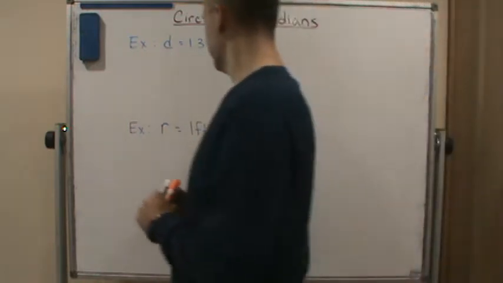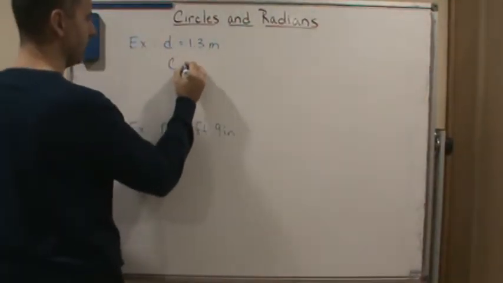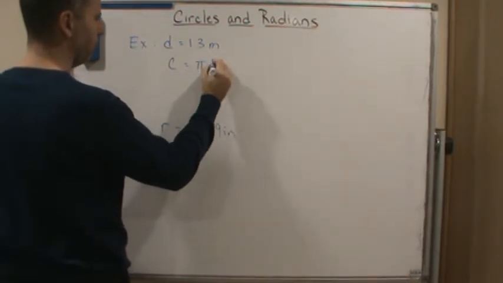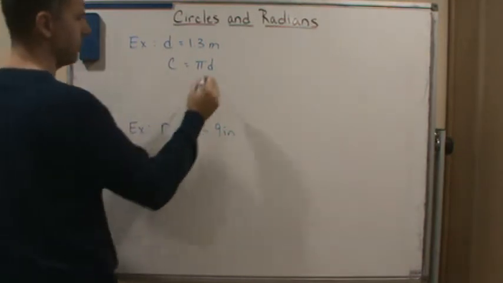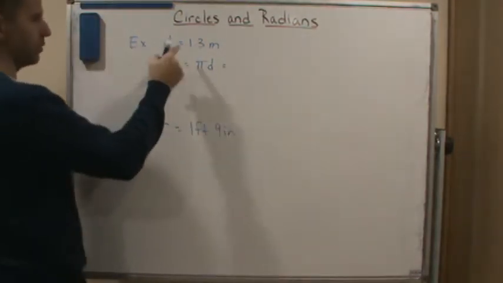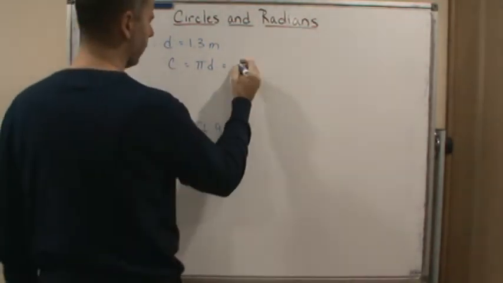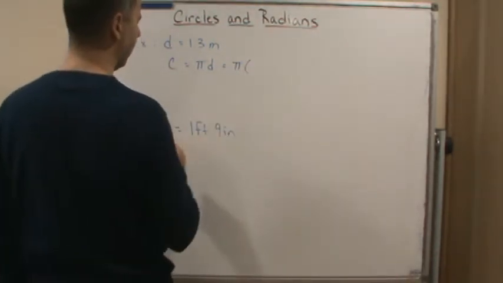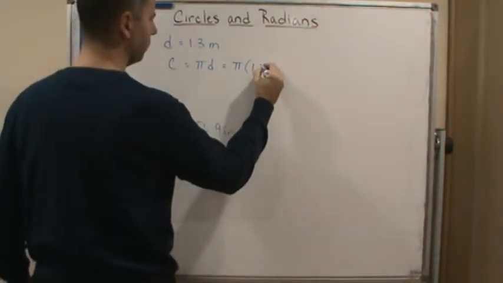So in the first one, we're going to use the formula C equals pi d, since they give us diameter. Now, in this one they want us to round to the nearest tenth of a meter. So we're going to take pi times 1.3 meters.